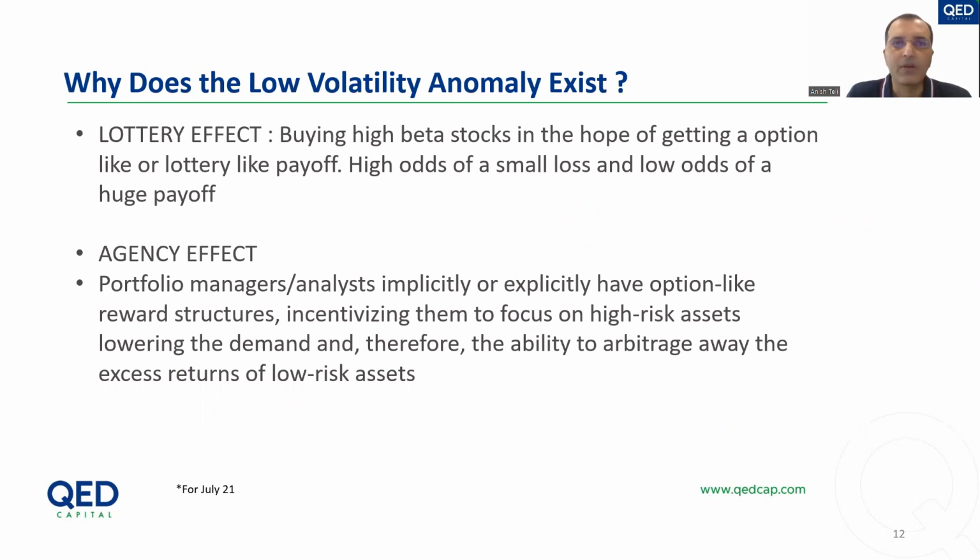One effect we explained was the lottery effect, and we'll give you an example today of that. And the agency effect. The lottery effect is basically people buying high volatility stocks or stocks that are in the news in the hopes of getting a higher payoff, but the probabilities of that higher payoff are usually lottery-like. They're very, very low, and that's why it's called the lottery effect.